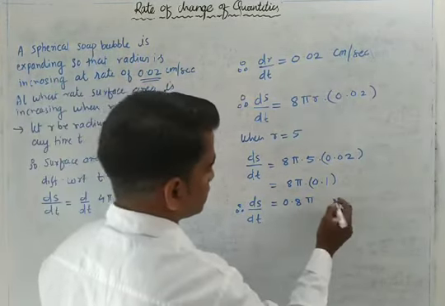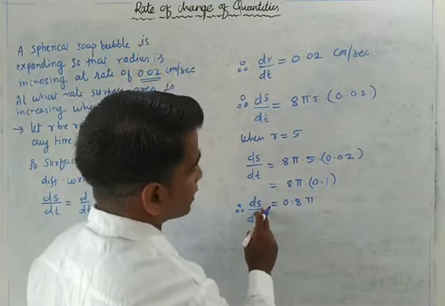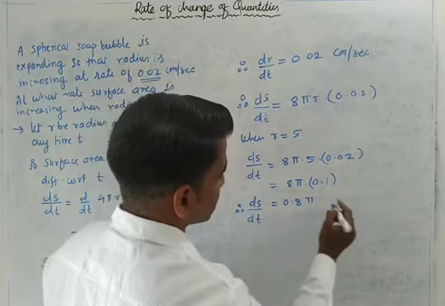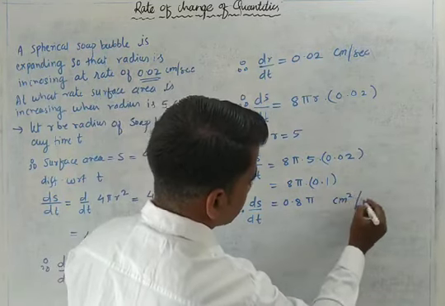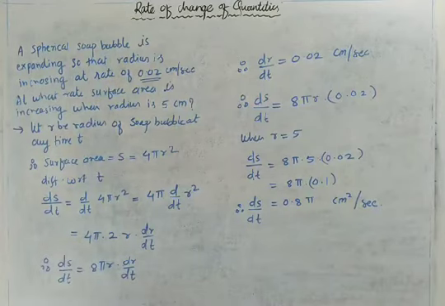And now for this question, S is the area, so the area unit is centimeter square, and for time it is second, so it is centimeter square per second. Okay, so the surface area is increasing at the rate of 0.8 pi centimeter square per second when the radius is 5 centimeter. Get it? So in this example also we used the rate of change formula.